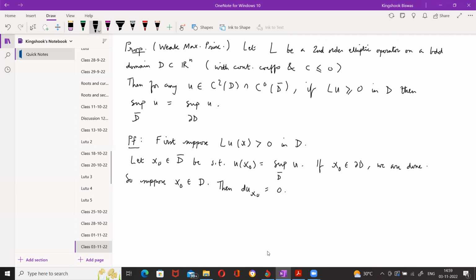Okay. So thus Lu of x naught is equal to the sum over ij of aij of x naught times del squared u over del xi del xj, plus, so the first order term vanishes because the first order partial derivatives are all 0 at x naught, right? So plus c of x naught u of x naught.